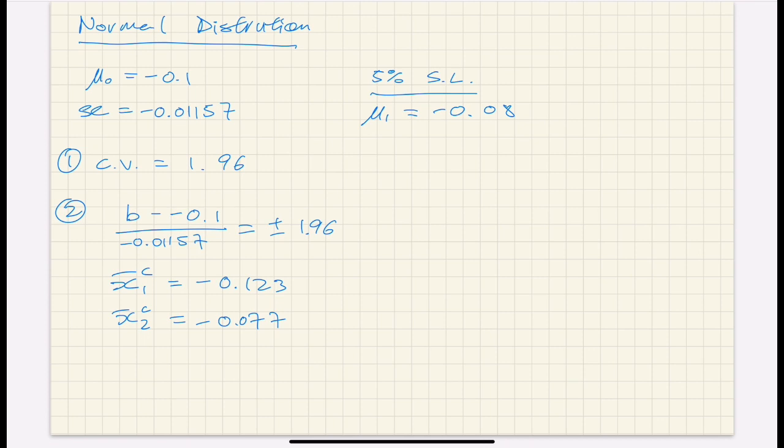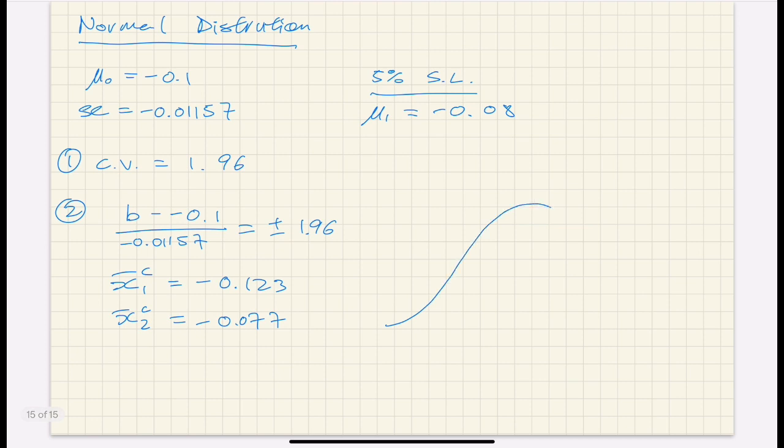Some of the questions also ask you to draw the graph in a later part. So if it does, I would suggest to stop at this stage and draw the graph first for this distribution.